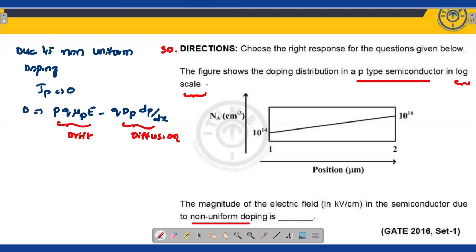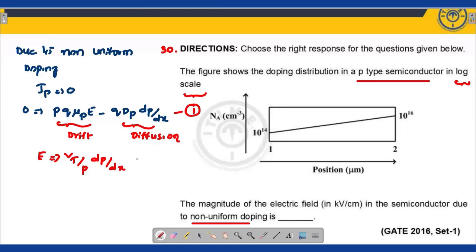Generally there is one more formula. I told you for E, that is the energy formula. This is formula 1: E equal to Vt by p into dp by dx.